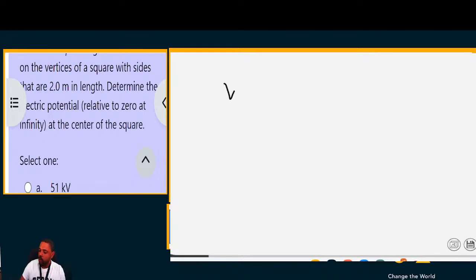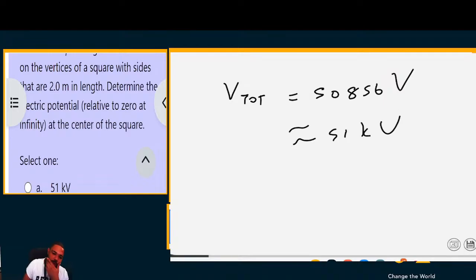You have that your total voltage at the center is equal to around 50856 volt. So 50,000 volts. So 50 kilovolts. So approximately 50. If you round up, you will get approximately 51 kilovolts. So approximately 51 kilovolts. Let's see if there's an option for either 50 or 51.